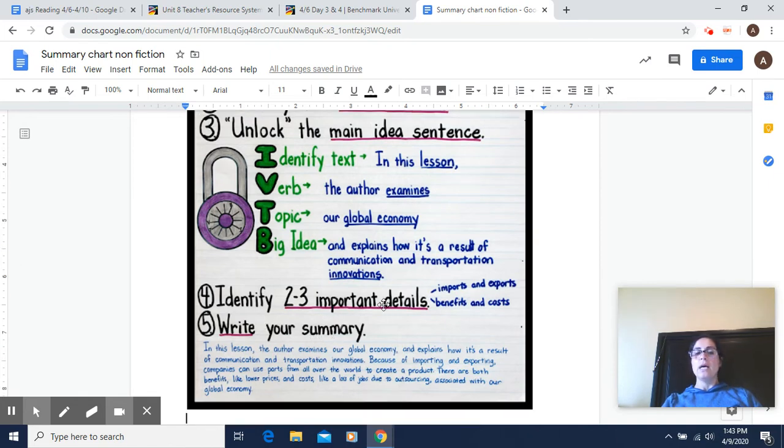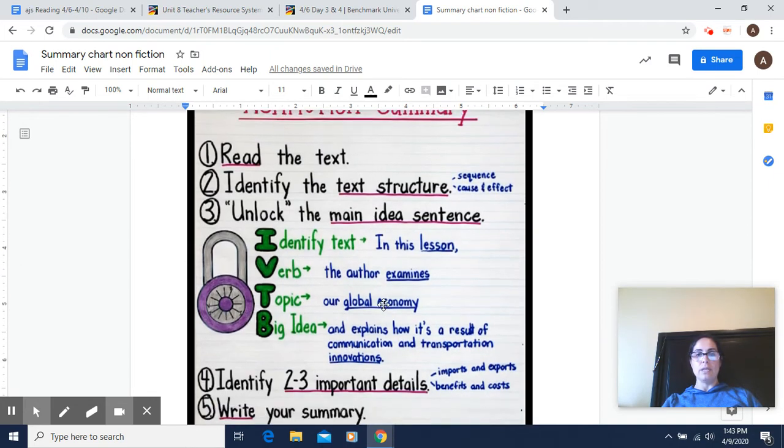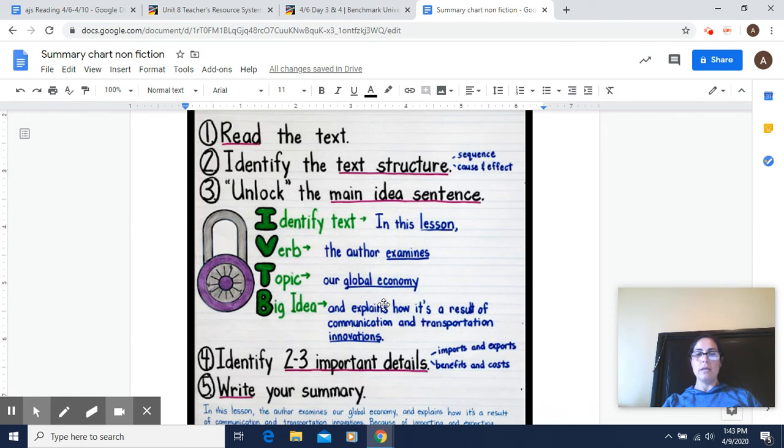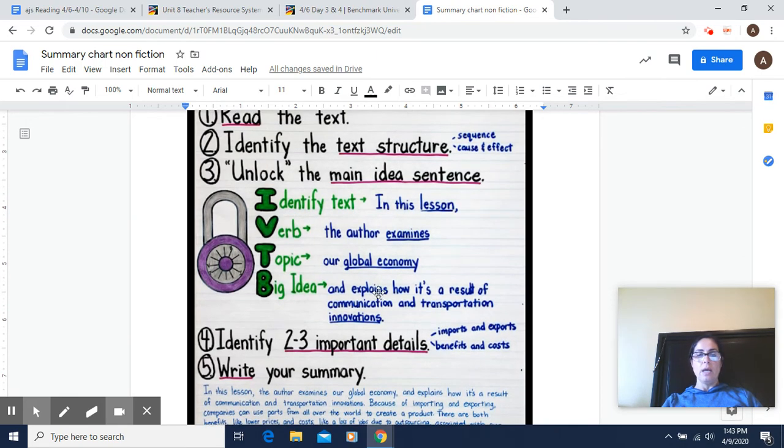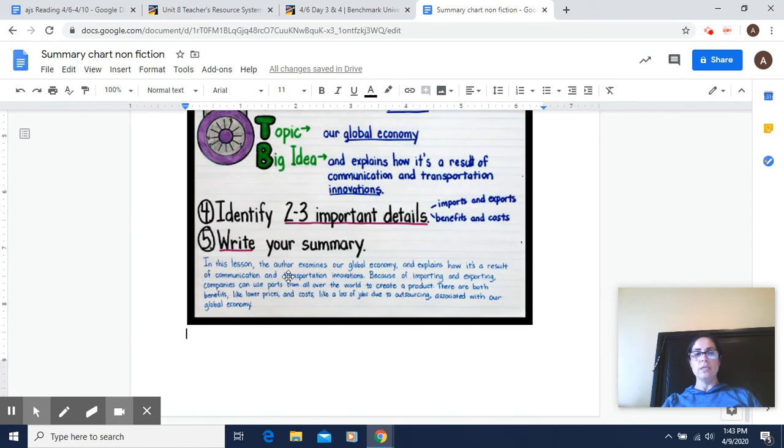Now, here's an example of somebody that did one on the global economy. It tells you, in this lesson, the author examines the global economy and explains how it is a result of communication and transportation. This is something that was on another lesson. It's just an example.